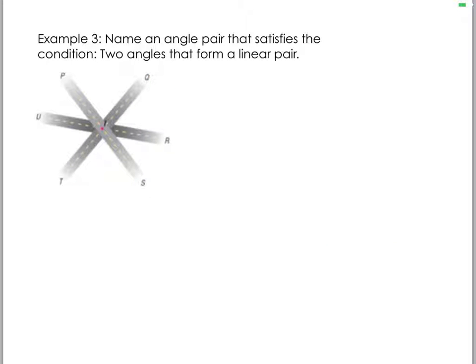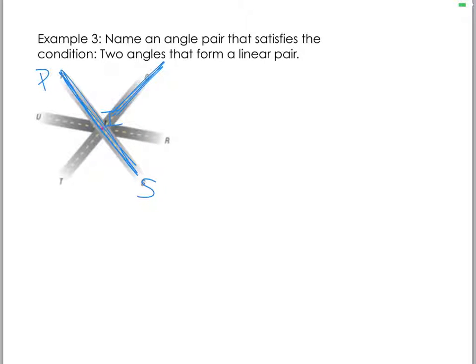Example 3, name an angle pair that satisfies the condition. Two angles that form a linear pair. So ultimately I just want to find a line. It really doesn't matter which one you choose. So if I just decided I wanted to work with this street, which goes through P, I, and S, I then just need to break off one more ray so I can separate it into angles.